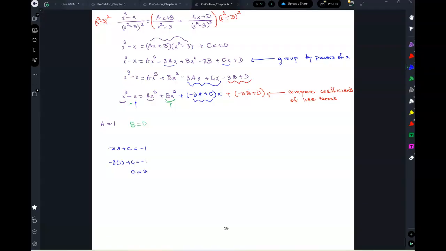So c is 2. Yep. And lastly, this is a constant, negative 3b plus d. What's the constant on the left-hand side? Nothing, so it's 0. And so this is negative 3 times 0 plus d equals 0, d equals 0.